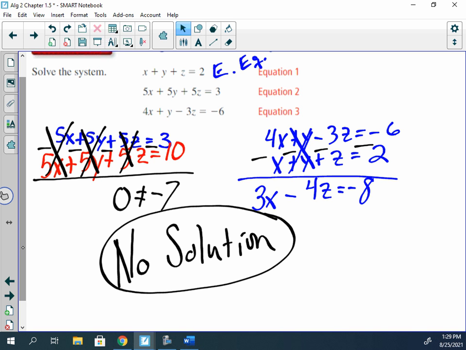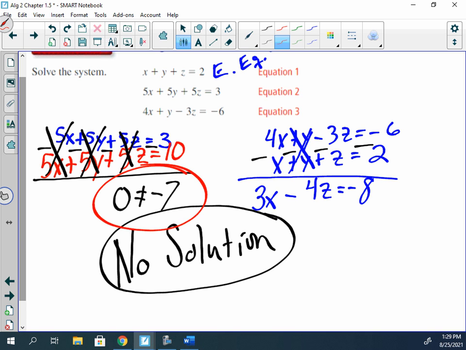But because it doesn't cross all three, they do not intersect, there is not a solution that will work. So at any point in solving, you get a statement like this here, 0 equals a number, a statement that is not true ever, because 0 is never going to equal negative 7. It is going to be no solution, and we're done.